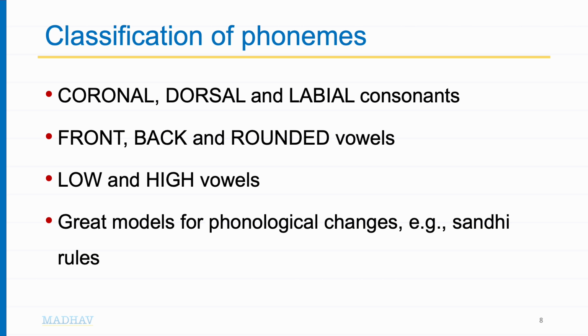The same rule follows in Sanskrit also. Whenever you have a na followed by some labial sound, it becomes ma. But it's not formalized there in the way we do it here. The same phonological principles explain that change and this change. So phonological features are very powerful in that sense.